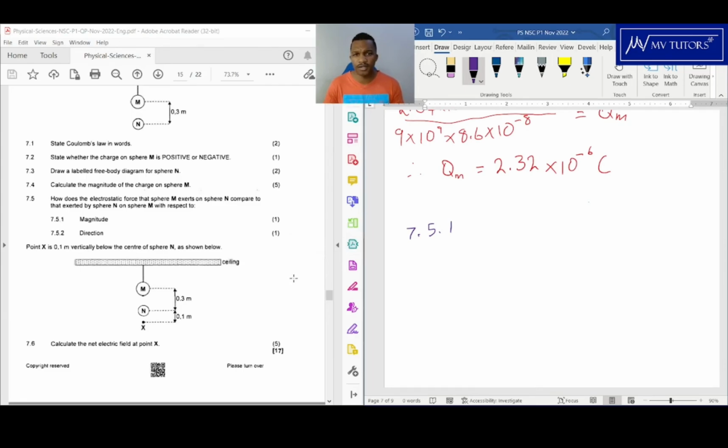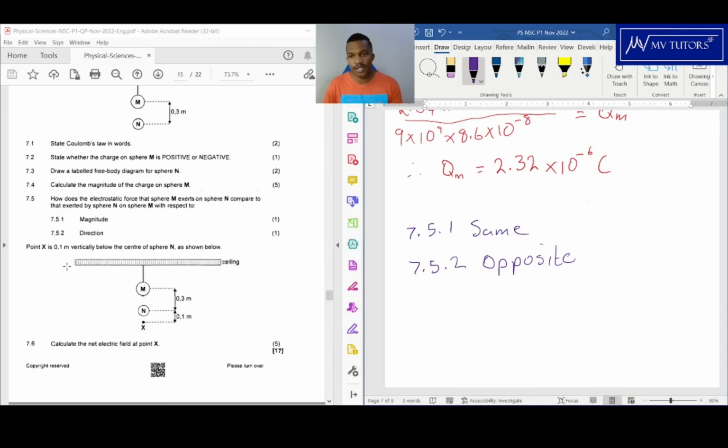They're sharing it. The magnitude is literally the same. But when it comes to direction, they are opposite each other, because remember, they're attracting each other. So if the one is going south, the other one is going north, so that they meet. So it's an opposing effect. They're opposite each other. That's the direction.